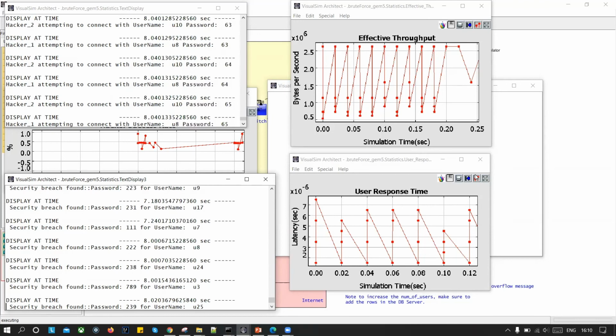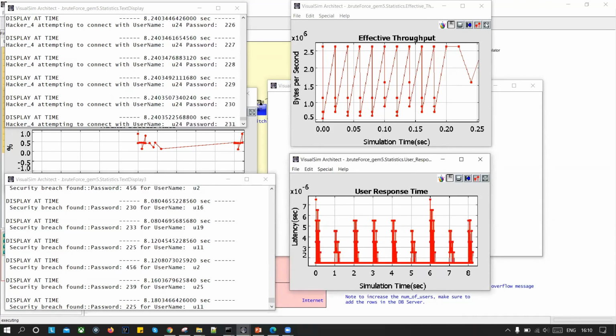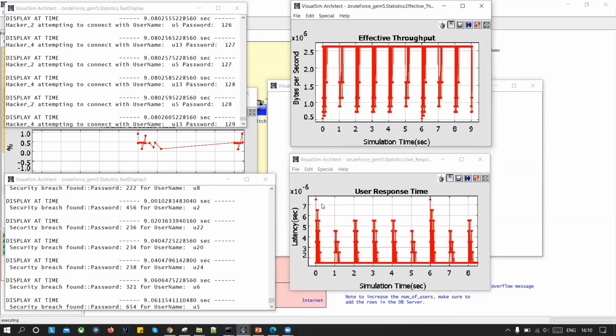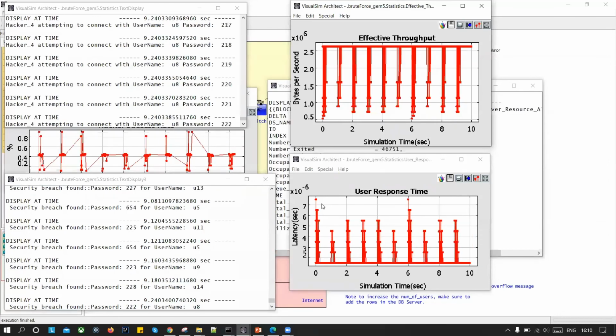And over here we can see that the highest latency recorded is around 7 microseconds, and the same with the throughput. And we can see that in a particular time frame, we got a smaller number of packets also.